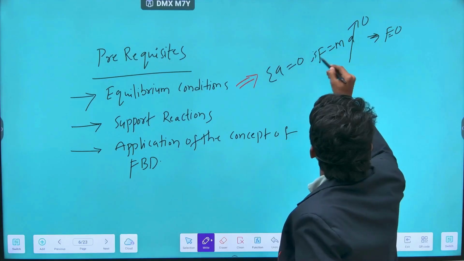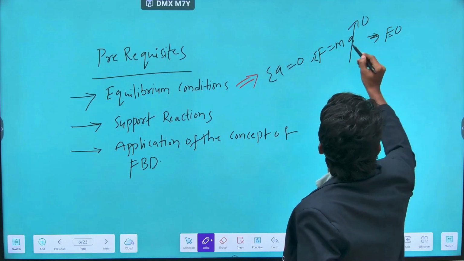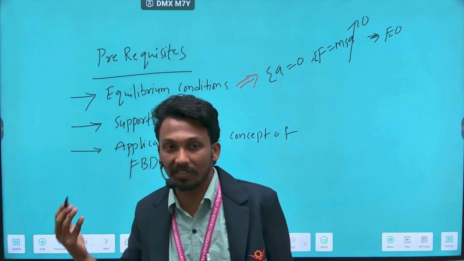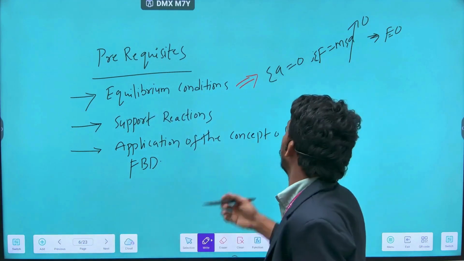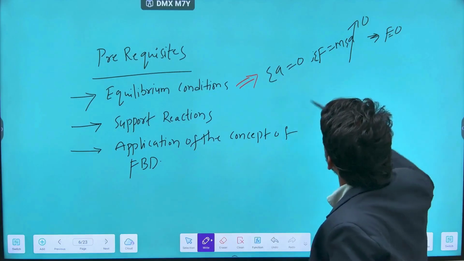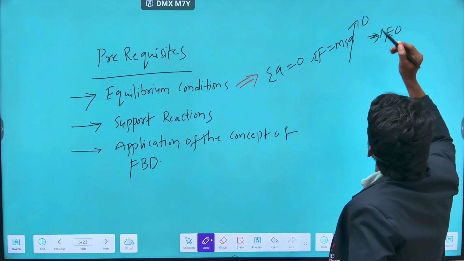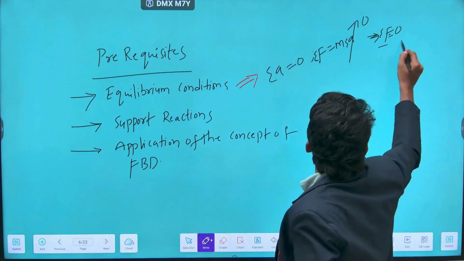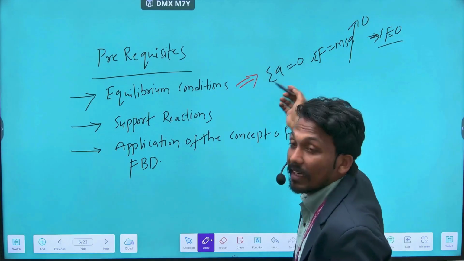So let us say this is sigma F, the sum of forces. There may be multiple forces acting on a single body. In that case, the summation of all the forces is 0. This is linear acceleration.